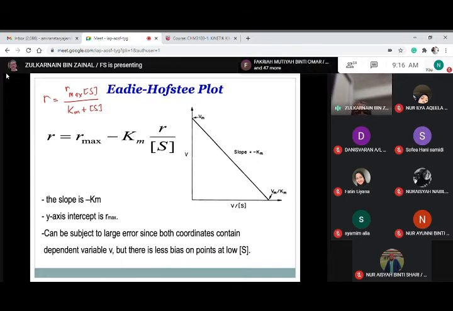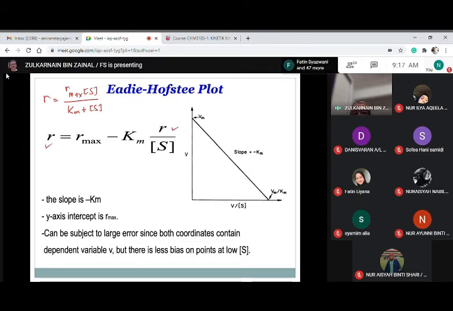So this is called the Eadie-Hofstee plot. How do they get this equation? Okay, let us see. It is some manipulation of the equation. You can see that V is here, and V here, right?